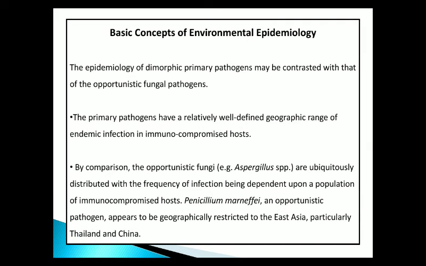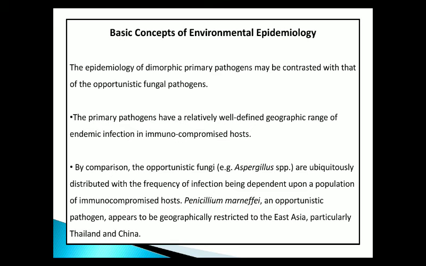So, basic concepts of environmental epidemiology. The epidemiology of dimorphic primary pathogens may be contrasted with that of opportunistic fungal pathogens. So, these four types of microorganism, as I mentioned before, have some epidemiology, like the word mentioned, dimorphic. In my previous video I already explained dimorphism, so you can go through this and I think you will get a clear idea of this term.